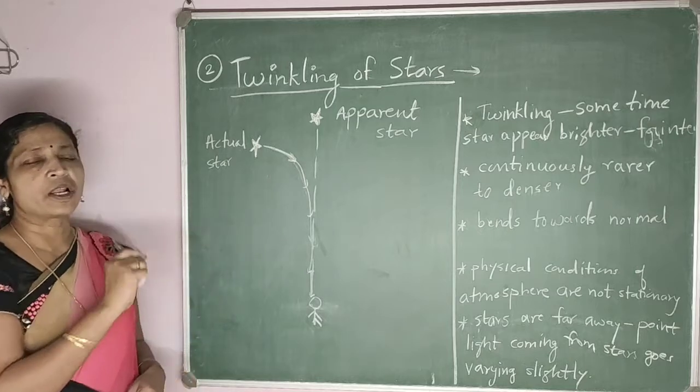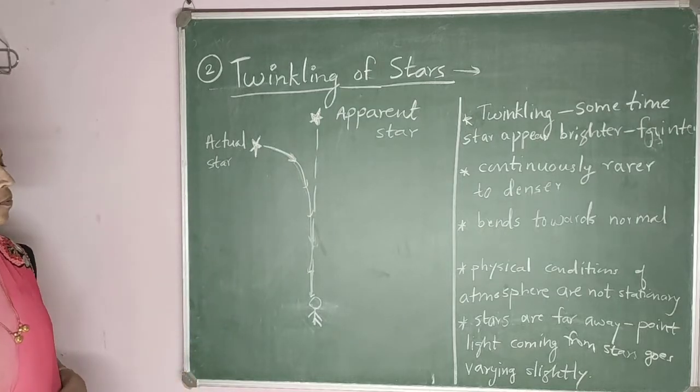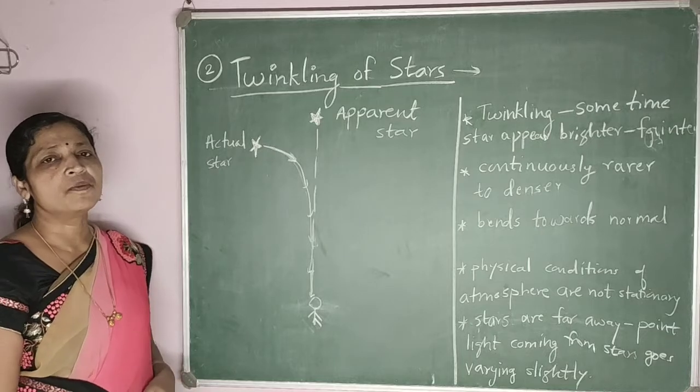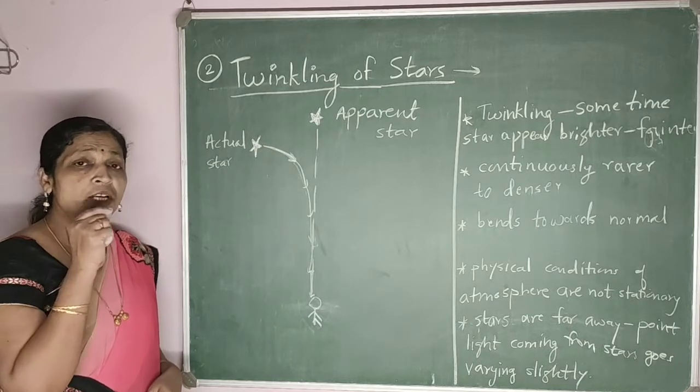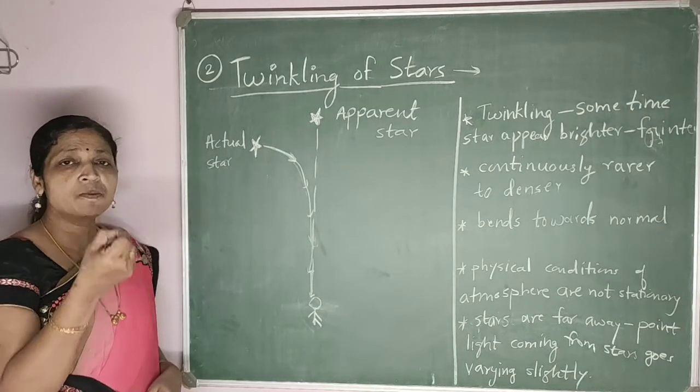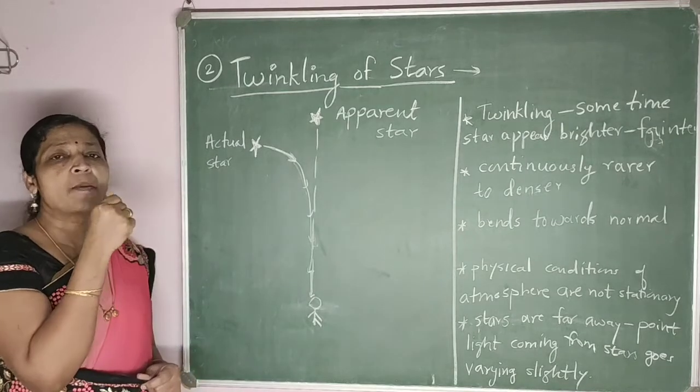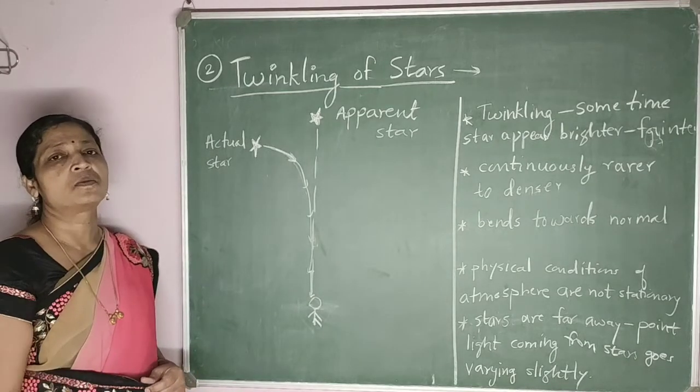It also changes slightly. The stars, as we know, are very far away, so they are point size objects. Point size means very small. The object which is very far away from us appears very small to us.